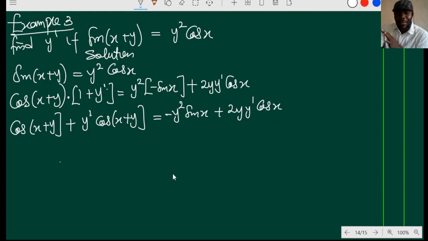At this junction, what you need now is to combine the like terms. So you have y prime cos of x plus y.